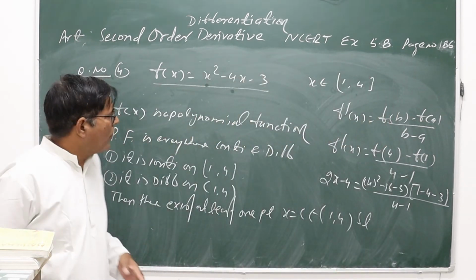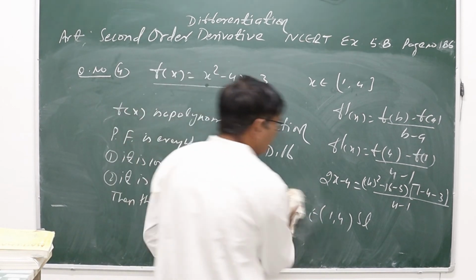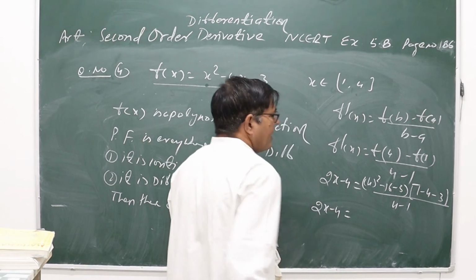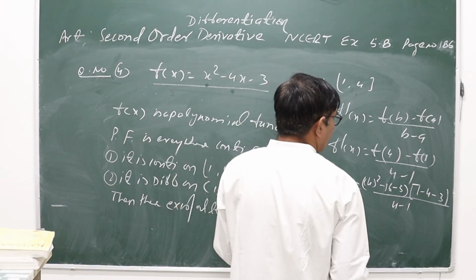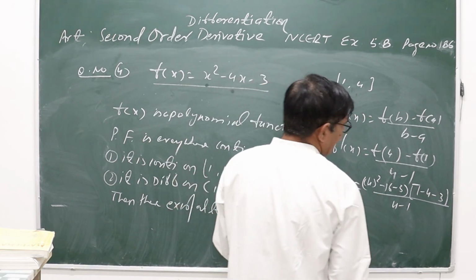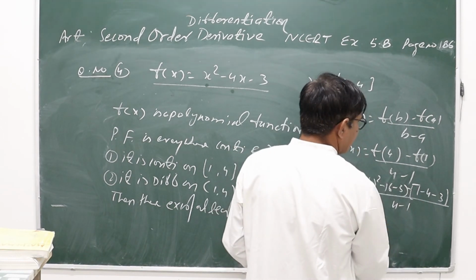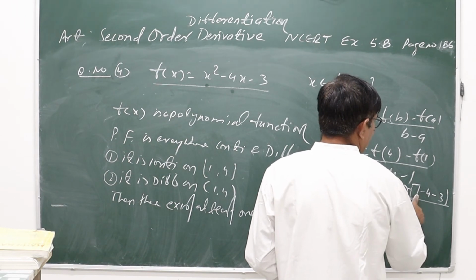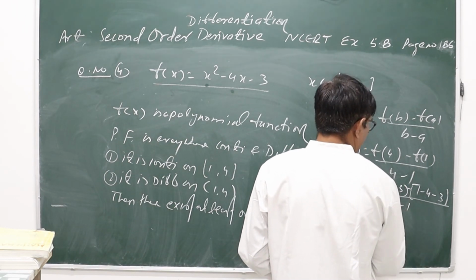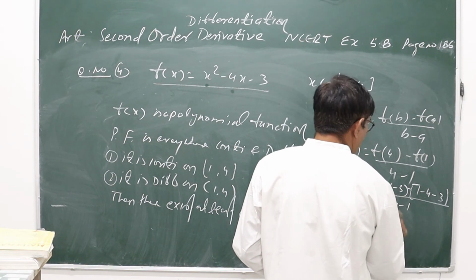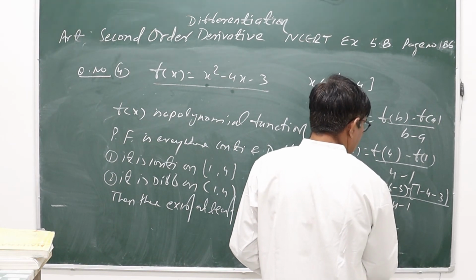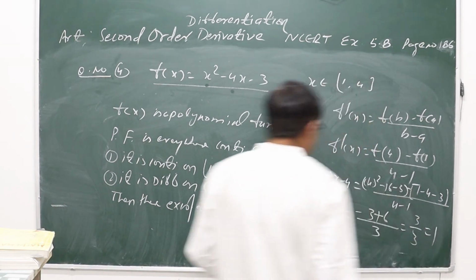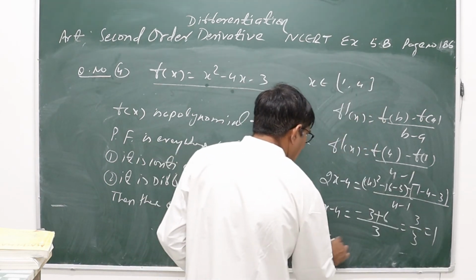So for the next step, 2x minus 4 will be equal to: 16 minus 16 will be 0, so minus 3, and here what remains is 1 minus 1 minus 7, plus 1 minus 6, so minus of minus 6 plus 6 upon 4 minus 1, that is 3. So this will be equal to 3 upon 3.